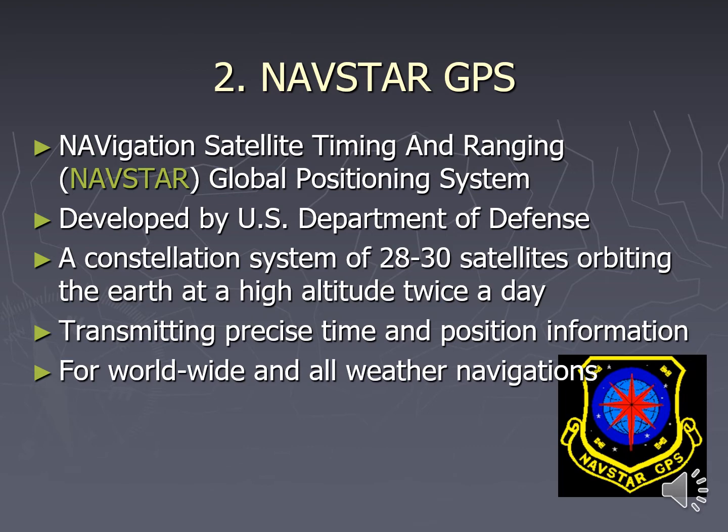It's developed by the US DoD, and it has 28 to 30 satellites orbiting the Earth at high altitude twice a day. So each satellite orbits the Earth twice a day, and it transmits precise time and position information for worldwide and all weather navigation.